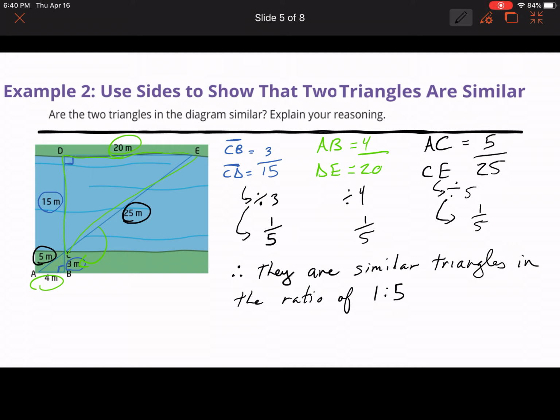The big one is 5 times the size of the small one. So 3 times 5 is 15, 4 times 5 is 20, 5 times 5 is 25. They're all in the ratio of 1 to 5. The big one is a multiple of 5 of the small one. It's 5 times as big according to its lengths.